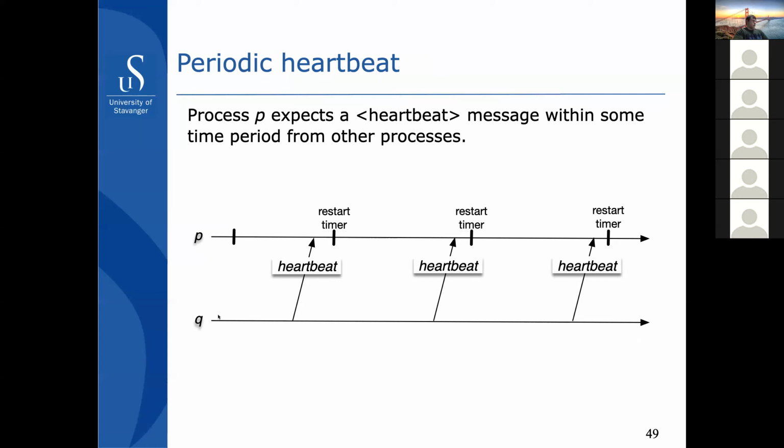In the lab 3, you will have 3 or 5 processes, and all of them will send the heartbeat to each other. And you will see that when a process crashes, the different processes in the system will eventually detect that the crashed process has failed. But that's for lab 3.